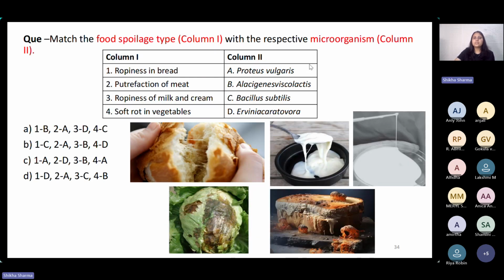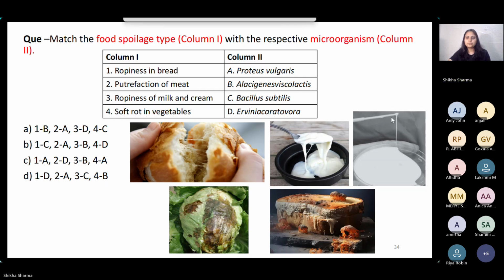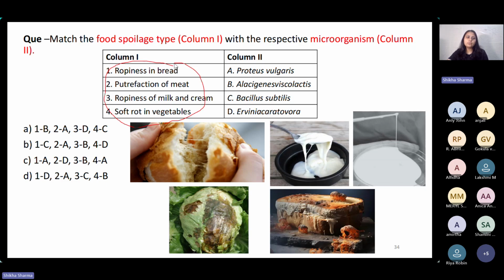Okay, so the next question is about food spoilage. Basically, food spoilage types are in column 1. We have ropiness in breads, like this is the ropiness in the bread. Then putrefaction of the meat, which we can see here.